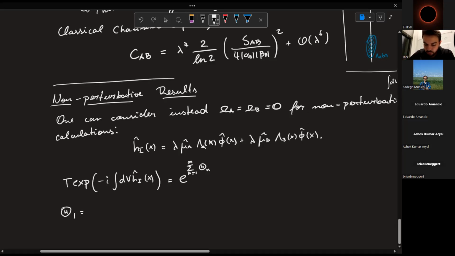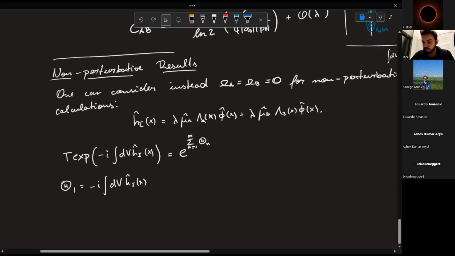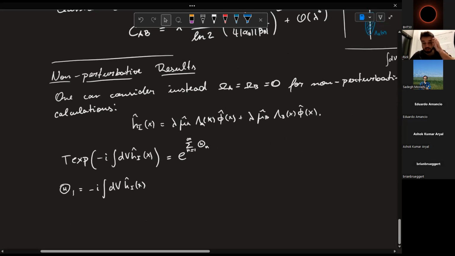So theta_1 is minus i the integral dv of H_I of x. In this case, we can already do the calculation, exactly as we had last time. So this is minus i lambda mu_A phi of lambda_A minus i lambda mu_B phi of lambda_B.